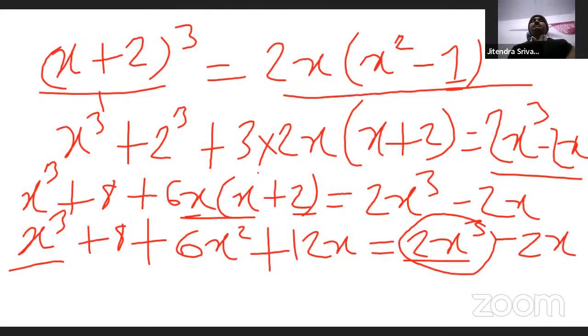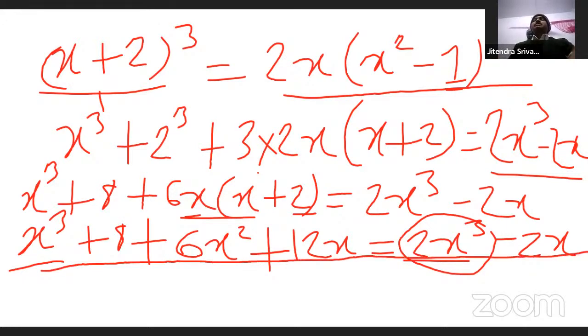So we can see that this is not satisfying the standard form of quadratic equation because it has the highest power in the polynomial as 3. So it is not in the form of quadratic equation.